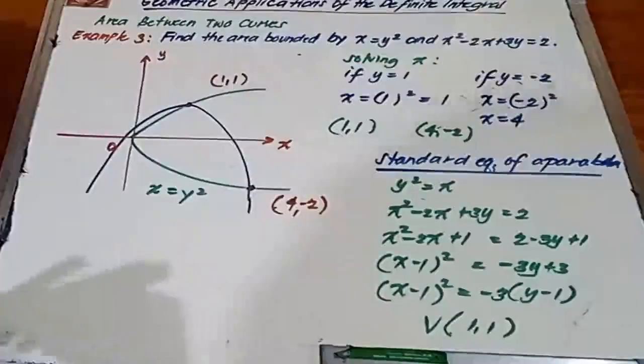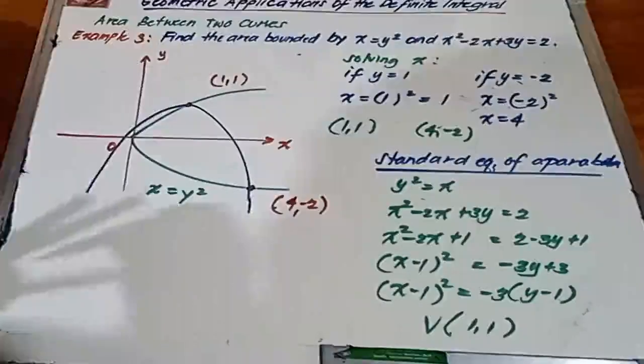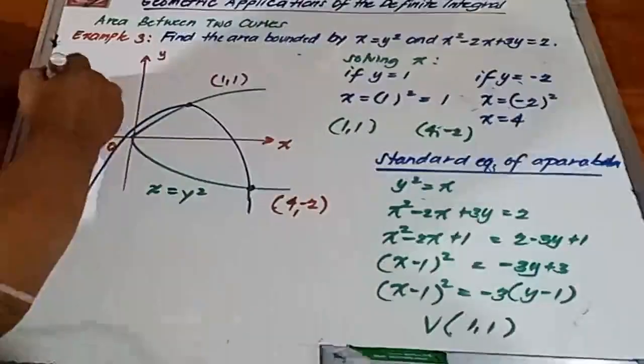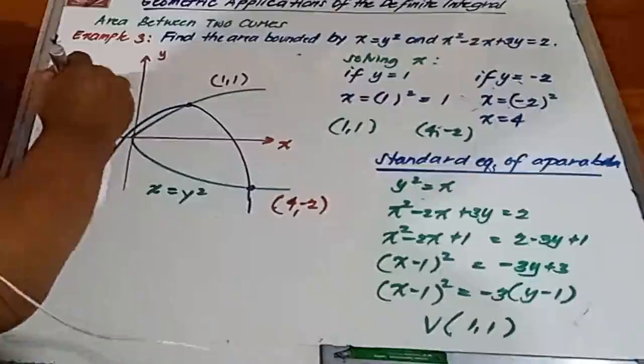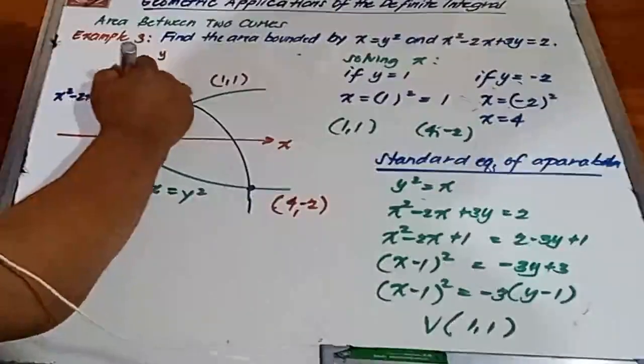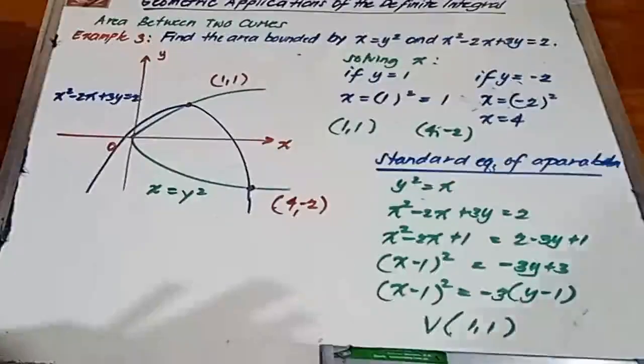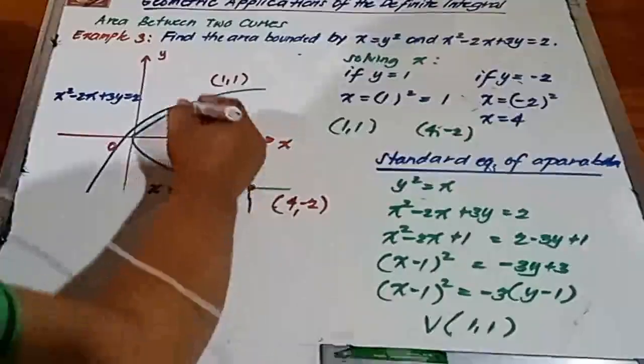Okay? Ito naman, yung mahabang equation, ito: x squared minus 2x plus 3y equal to 2. Okay? Now, kailangan na natin gamitin ay, let's say, horizontal element, para makuha natin yung area.